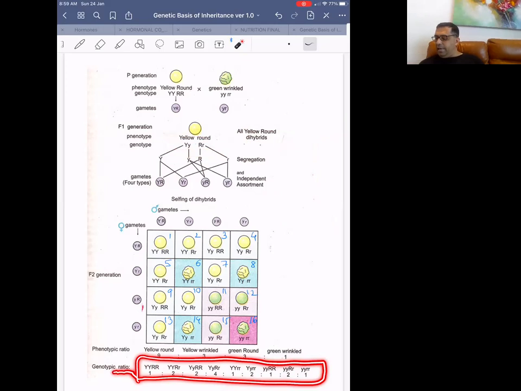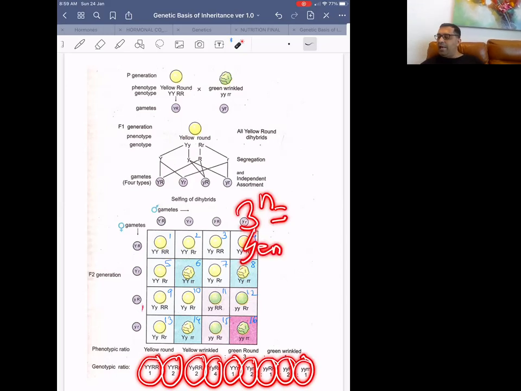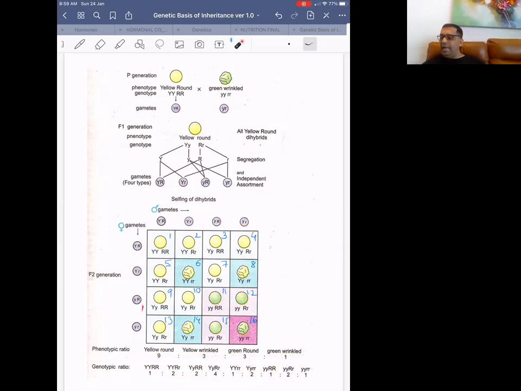So how many types of genotypes are there? 1, 2, 3, 4, 5, 6, 7, 8, 9. So the number of genotypes is 3 raised to n, where n is heterozygous.